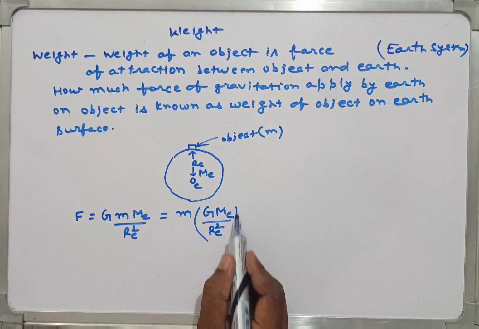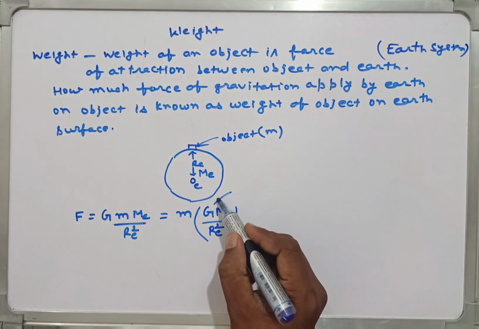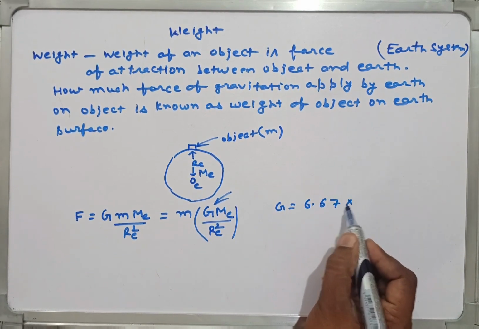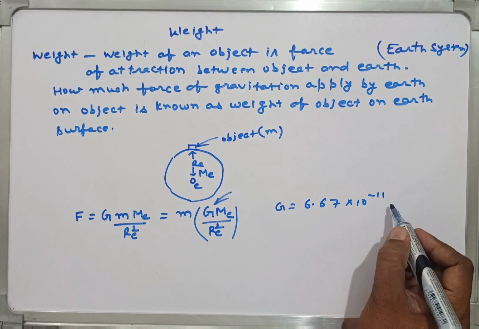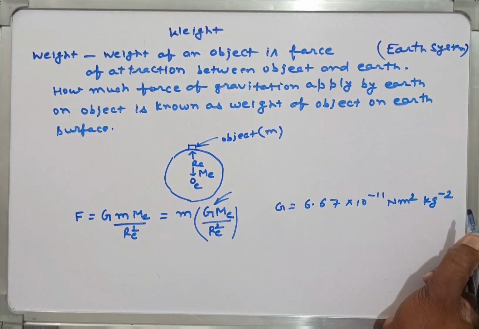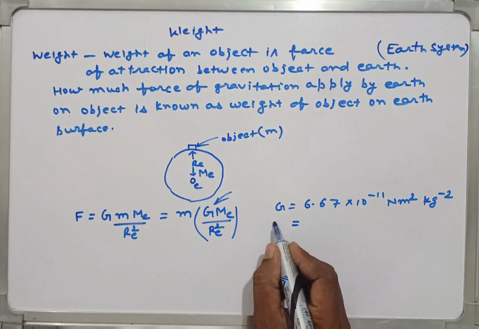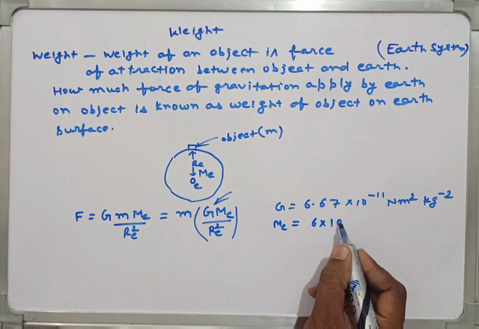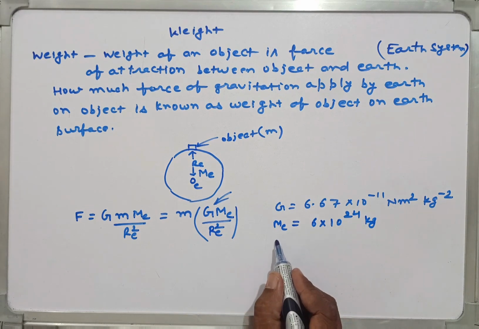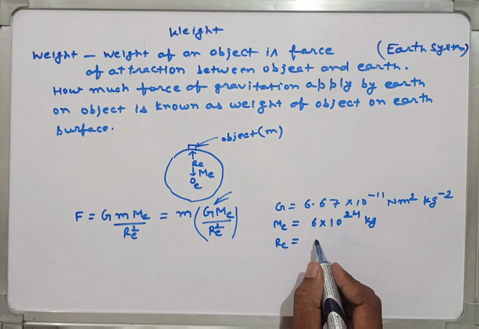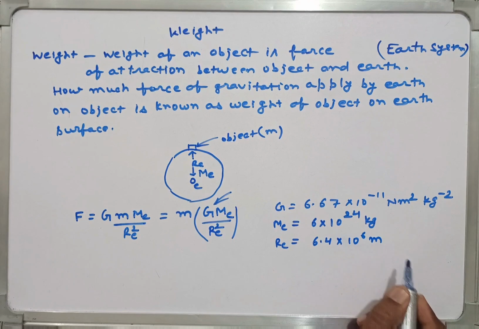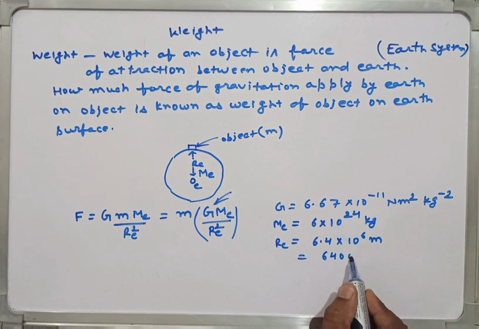So guys, this G is the gravitational constant. Its value is 6.67 times 10 to the power minus 11 Newton meter square kg to the power minus 2. Here the mass of Earth is 6 into 10 to the power 24 kg and Re equals 6.4 into 10 to the power 6 meter, or 6400 kilometer.